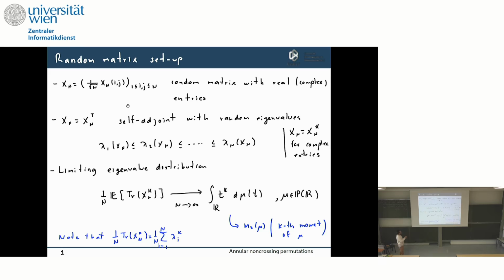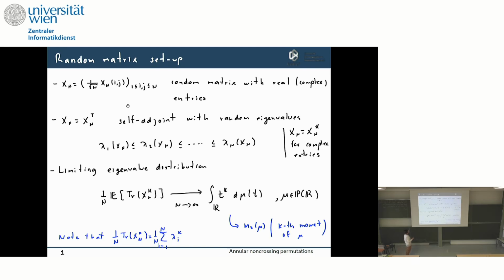I do this so I can talk about the eigenvalues of my random matrix. And something that I will be interested in looking at is the eigenvalue distribution. So this is very standard from random matrix theory. A way of looking at the limiting eigenvalue distribution is that I look at the expected value of the trace of k powers of my random matrix, and I normalize by the size of the matrix, and then I let n go to infinity.